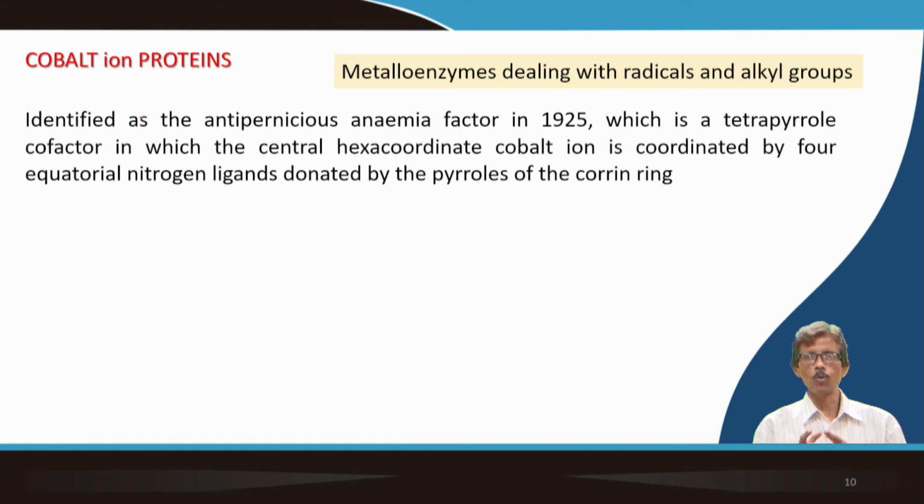It is a tetrapyrrole like porphyrin, but a modified tetrapyrrole unit. Four bonds bind to the cobalt center in the plane, like myoglobin and hemoglobin, but you have two other coordination positions, coordination number 5 and number 6.